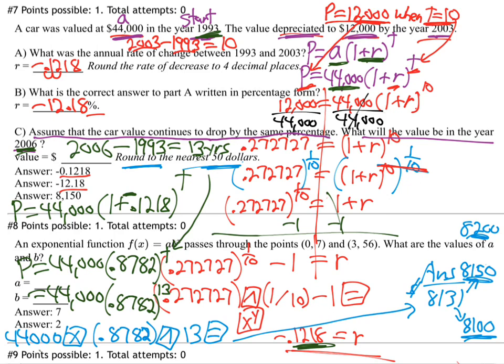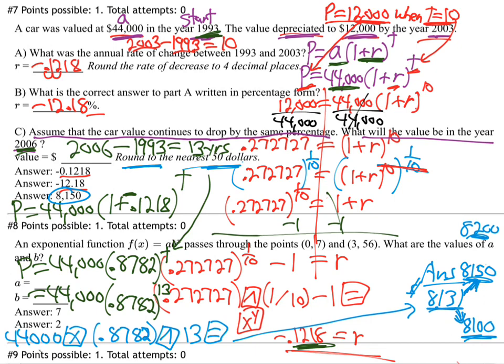So rounding to the nearest 50, which 50 amount is it closest to? 8,131 is closer to 8,150, isn't it? Than it is to 8,100. So we're going to say the answer is 8,150. That's how they got that answer. It rounds closer to 8,150. There we go. Okay, so that was a pretty challenging problem.